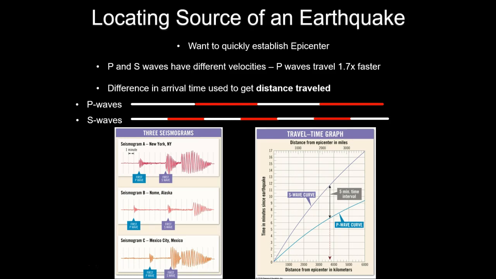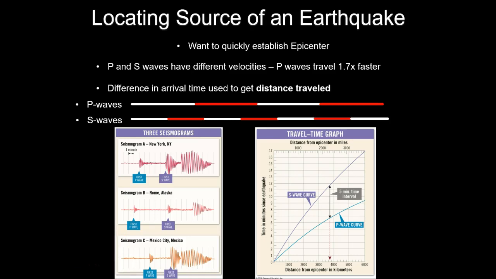A system to locate earthquakes was developed from these observations by using the seismograms from earthquakes whose epicenters could be easily pinpointed based on some other physical evidence. So from these seismograms of those earthquakes, travel time graphs were constructed, like this one over here, and we will be doing this in lab later on.